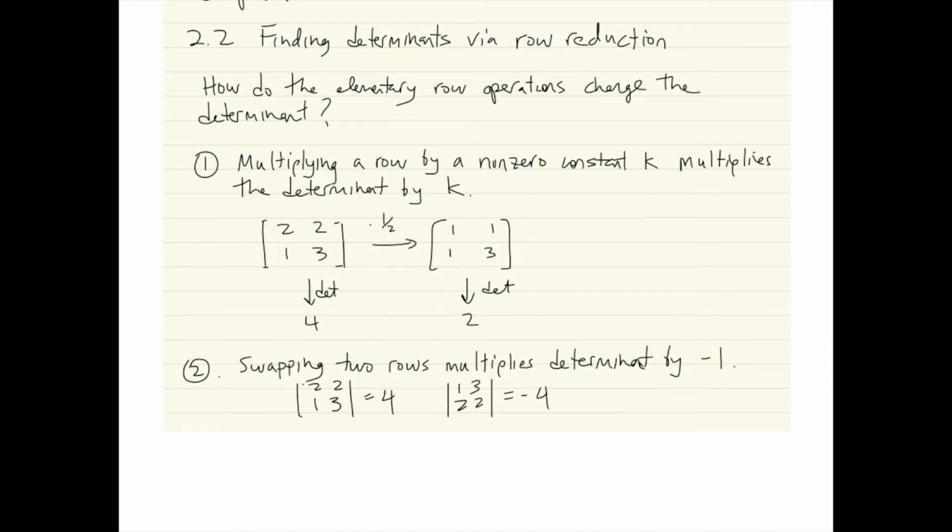If you're wondering what's the explanation for that rule, it comes from the signs in the cofactors; if you swap 2 rows, they pick up a negative sign. It's maybe a little bit more complicated than that, but we don't need to go into the proof right now. Let's just remember this fact.